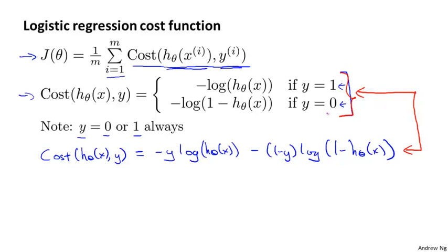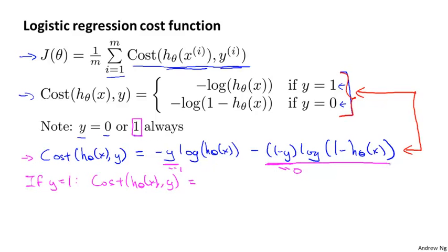We know that there are only two possible cases. y must be 0 or 1. So let's suppose y equals 1. If y is equal to 1, then this first factor is equal to 1, and 1 minus y is going to be equal to 0, right? 1 minus y is 1 minus 1, which is therefore 0.